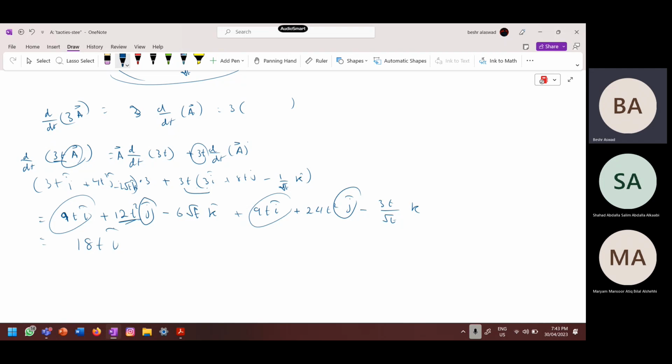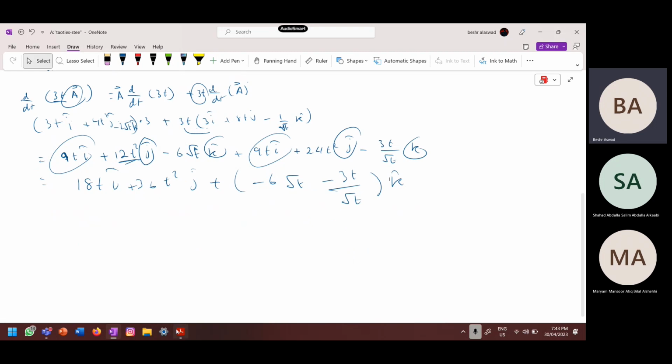So 12 plus 24 is 36t squared j hat. Finally, the k hat stuff, you'll get 6 square root of t minus 3t over square root of t k hat.